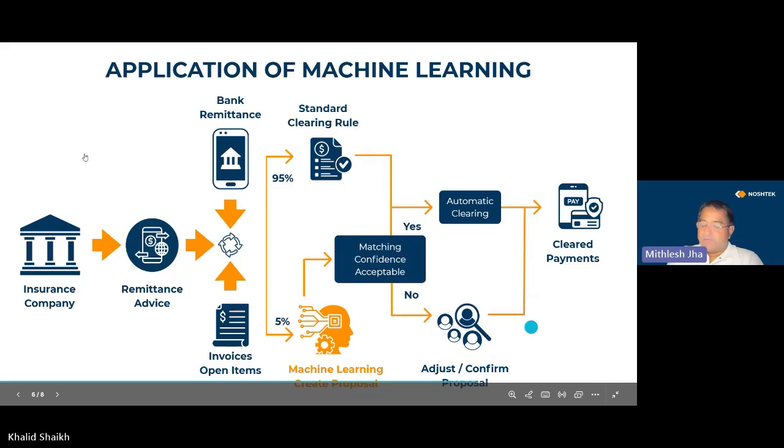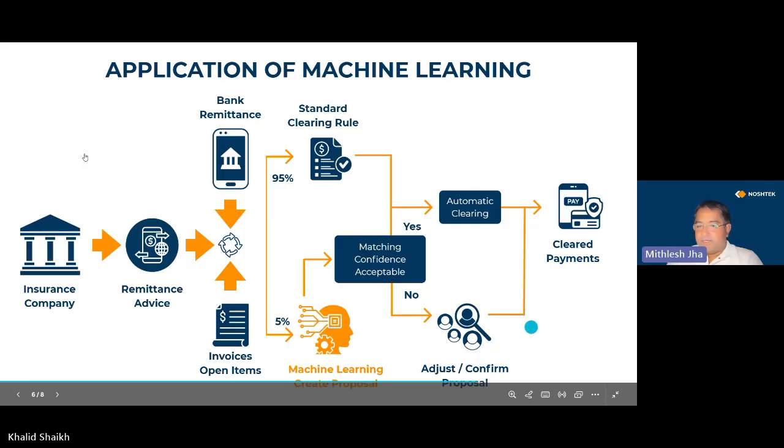So what happens is, let's say 95% of the payments go through straight-through processing and the 5% land in the clarification cases. That's where you use your algorithms to create a matching confidence against the invoices, to find out whether it's acceptable to clear them or not.